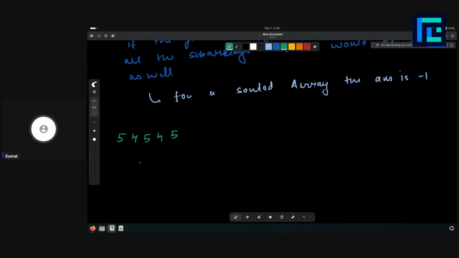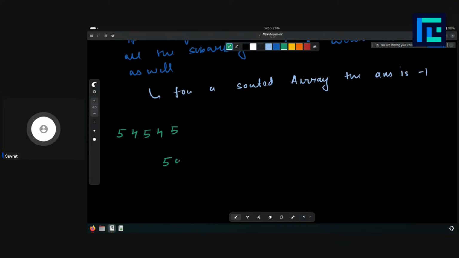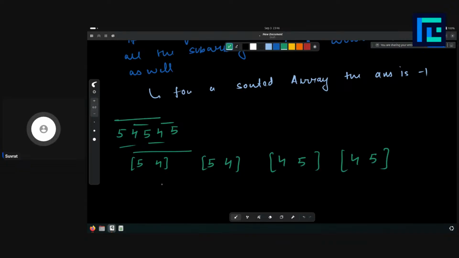The even length subarrays would be 5 4, this one, 5 4, this one and this one, 4 5 4 5, and these two, 5 4 5 4 and 4 5 4 5. So let's first cross out the sorted subarrays. This is sorted, and the rest could be a potential answer.